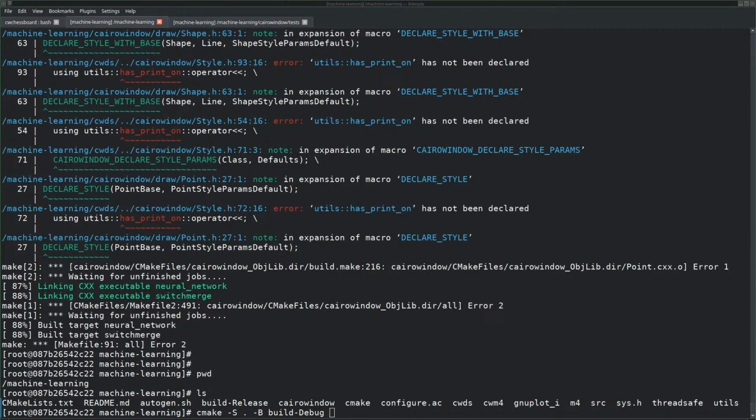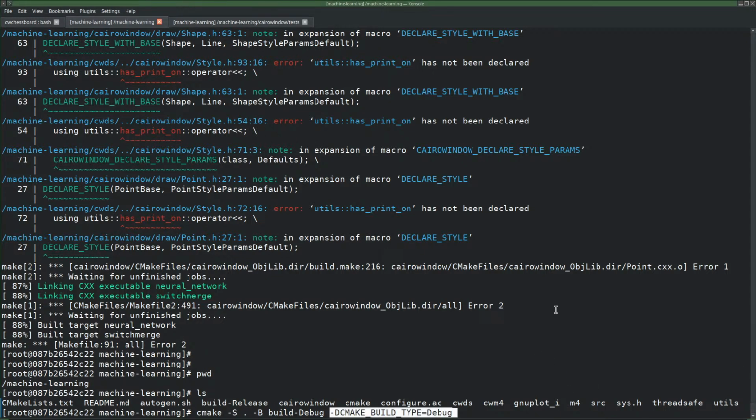Config debug, but that's building. Builds. Yeah, got it.